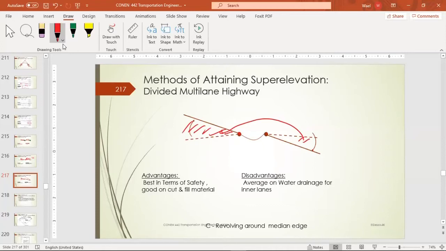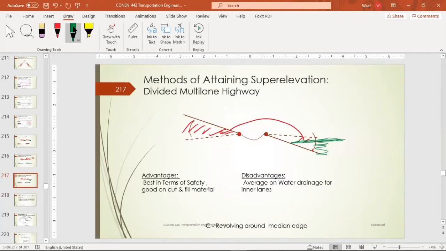But it's average on water drainage for inner lanes. That means if there is rain, we expect to have these lanes blocked, but these lanes are not blocked. So we have kind of half the problem solved.